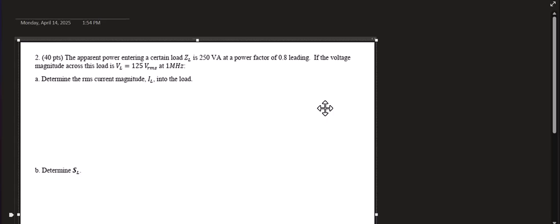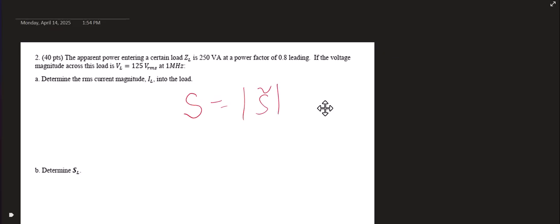The apparent power entering a certain load, so apparent power, that's S, and it's the magnitude of our complex power. So we don't know the real part, we don't know the imaginary part, but we know the magnitude is 250 VA at a power factor of 0.8 leading.